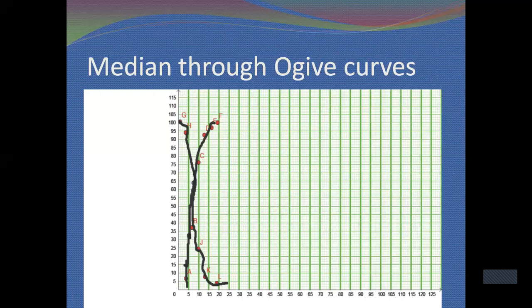And when both curves are drawn, from the point of intersection you draw one line directly to the x-axis, and that is the median.